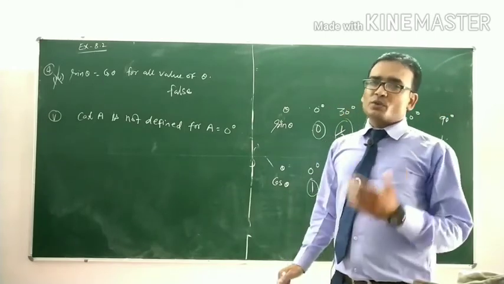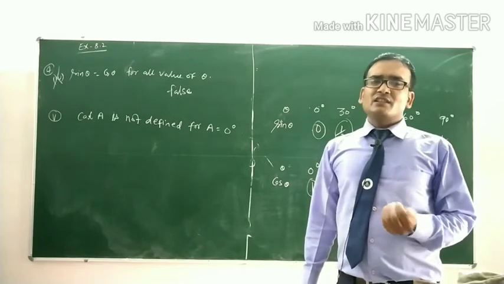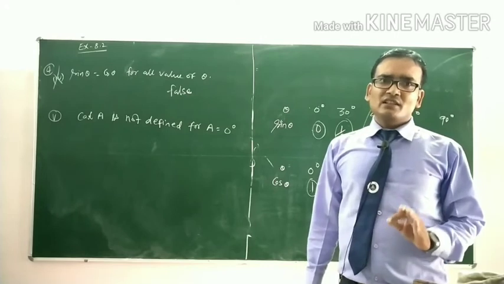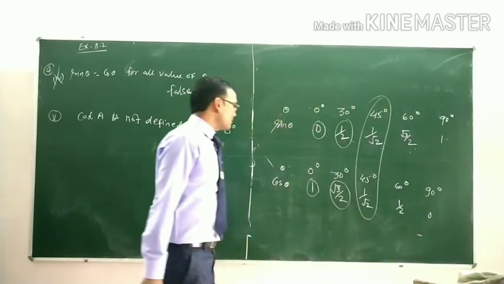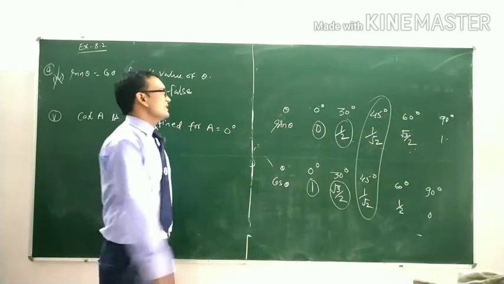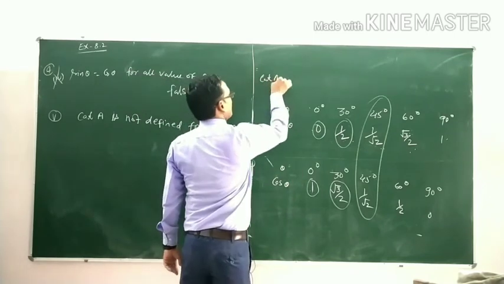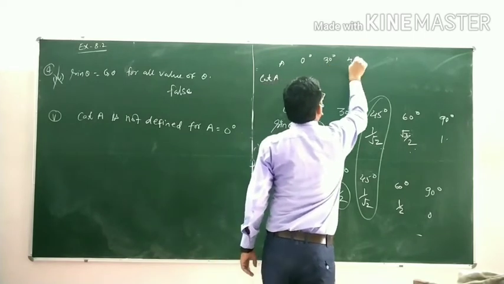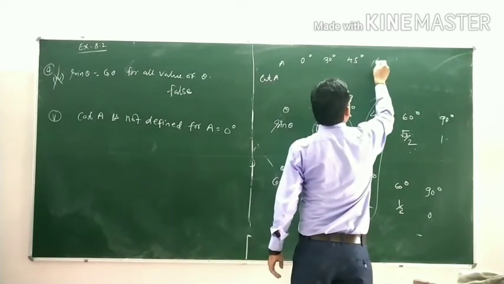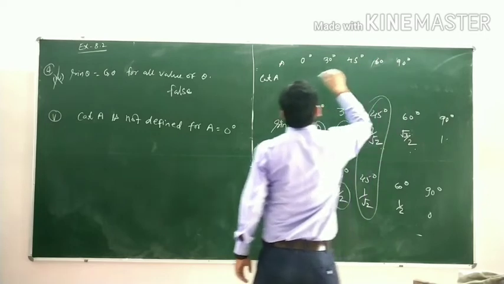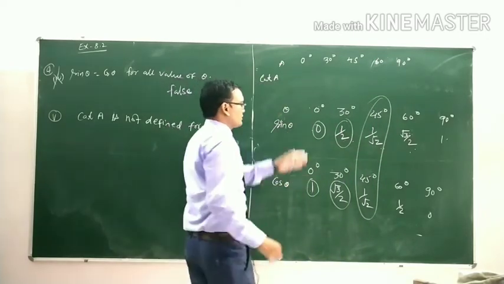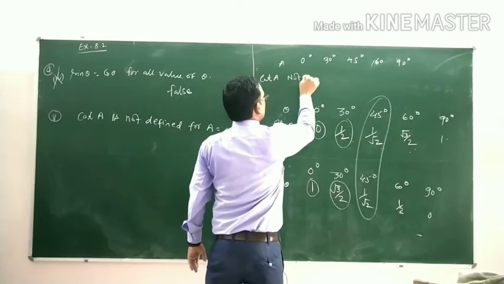That means the question says that the value of cot 0 is not defined. Here, cot A for A equal to 0, 30, 45, 60 and 90. Cot 0 is cos upon sin, that means 1 by 0, not defined.